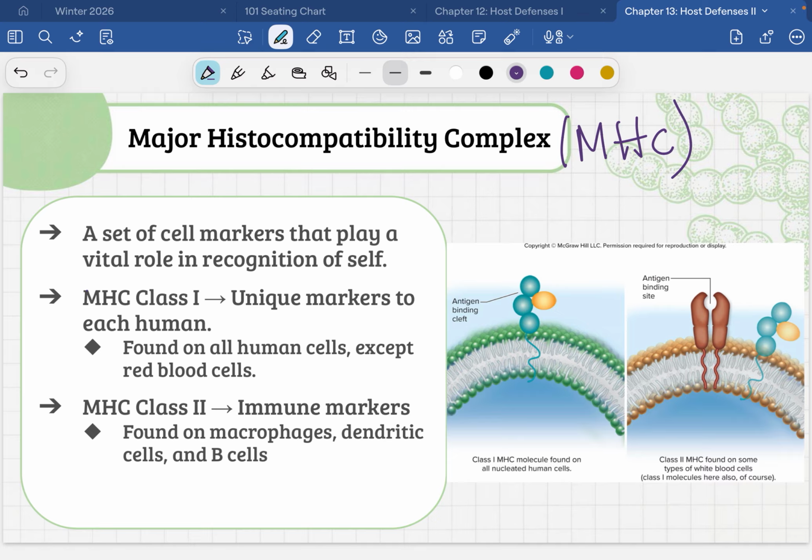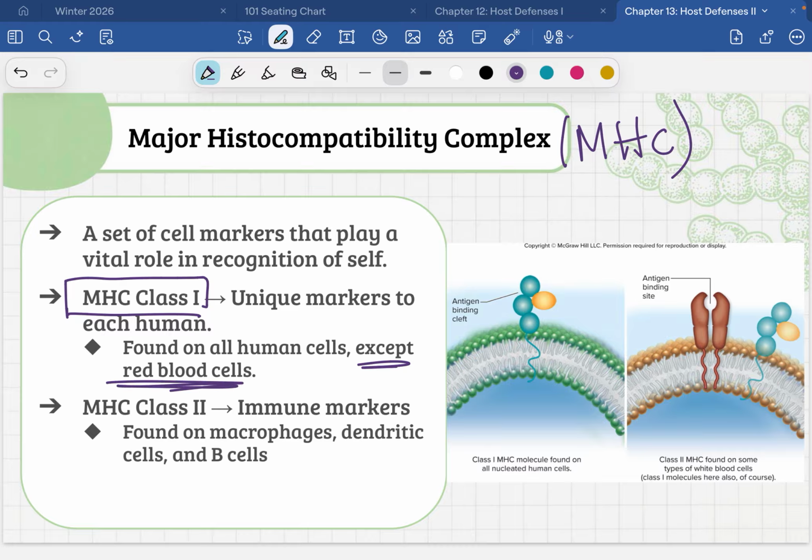So MHC class 1, which is the major histocompatibility complex class 1, is a marker unique to each human. And it is found on all human cells except red blood cells. Okay?